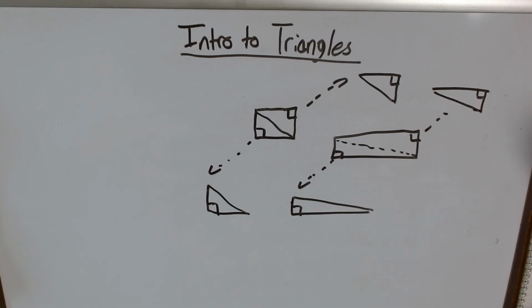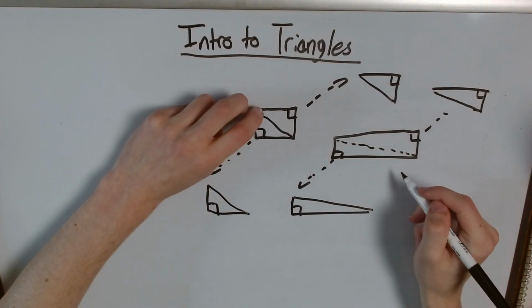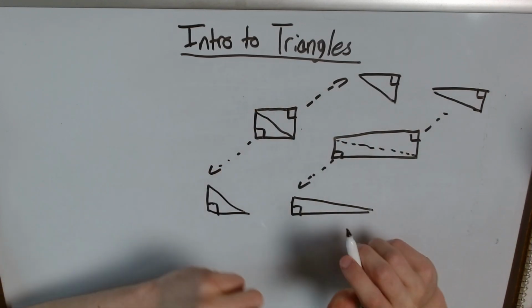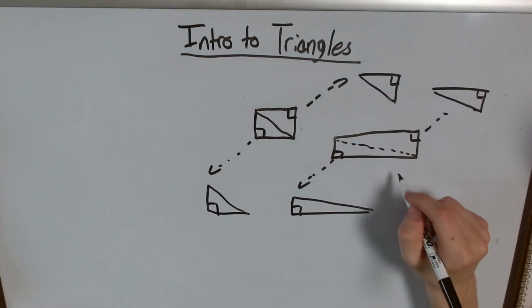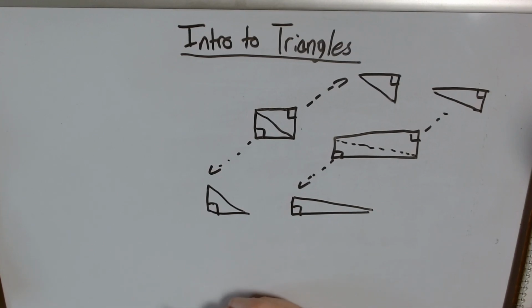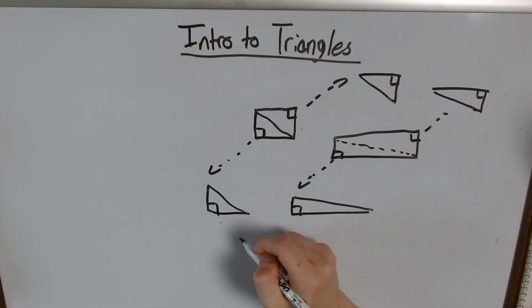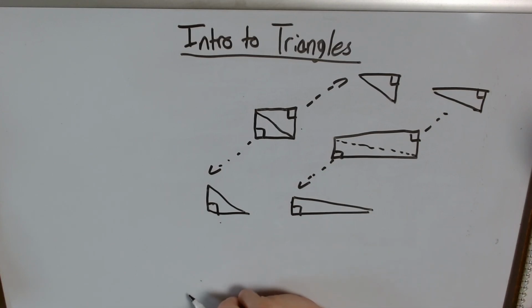And now, where does this come into talking about some of the angles in a triangle? Well, if the sum of the angles in a square or a rectangle are 360, and I can make two triangles out of a square and a rectangle, well, then it stands to reason that the sum of the measure of the angles in a triangle is going to be half of what they are in a square or rectangle.